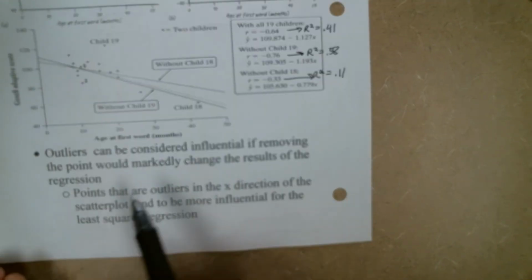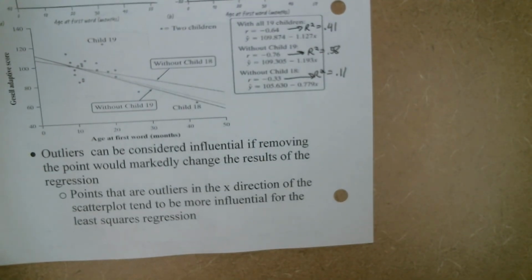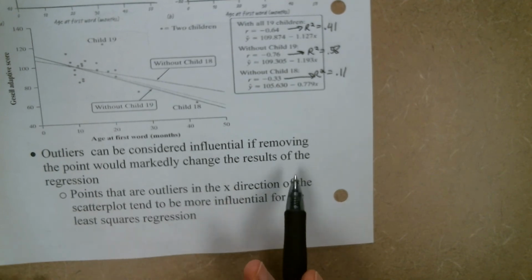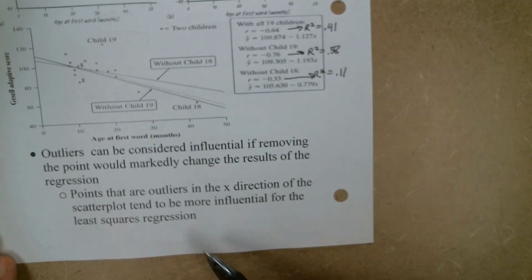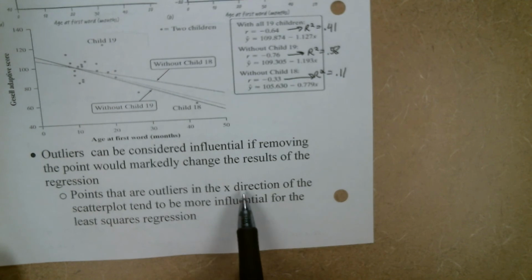And then this down here just says outliers can be considered influential if removing the point would markedly change the results of the regression, right, which is what we're seeing here. And points that are outliers in the x direction of the scatter plot tend to be more influential for the least squares regression lines.